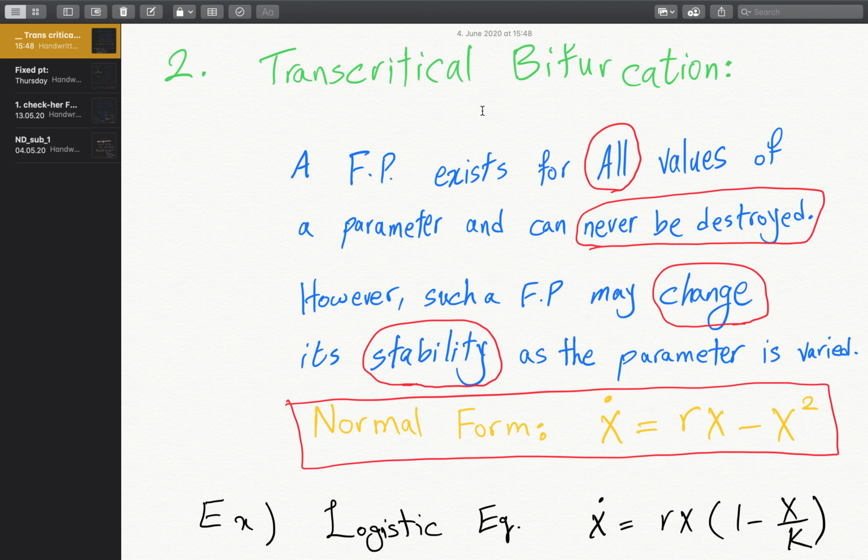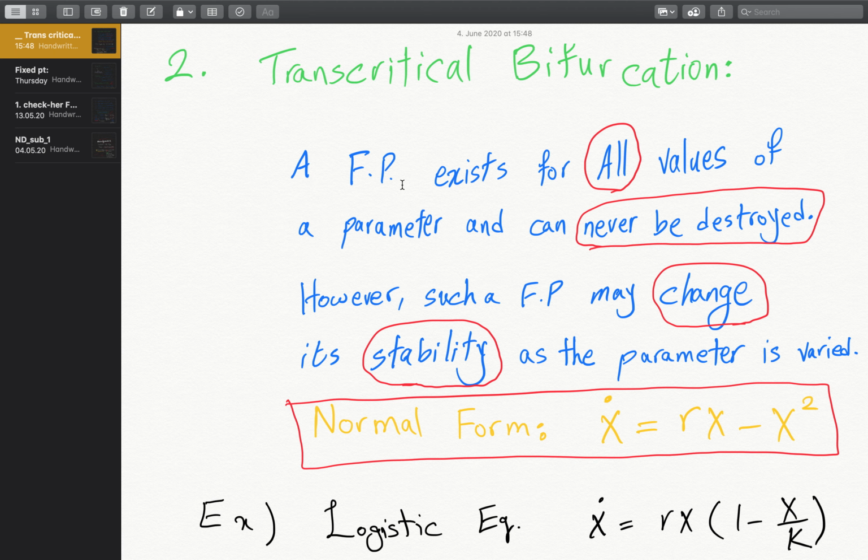Its name is transcritical. So in saddle node bifurcation, we had fixed points that are created or destroyed, but here we are talking about the stability of the fixed points. In transcritical bifurcation, the stability of the fixed points is changing. So a fixed point exists for all values of the parameter, like for instance, the injected current.